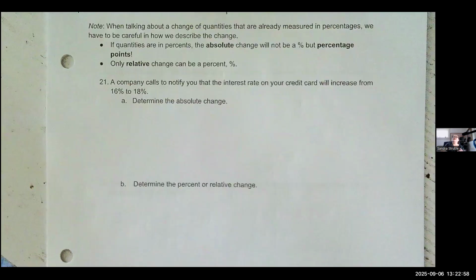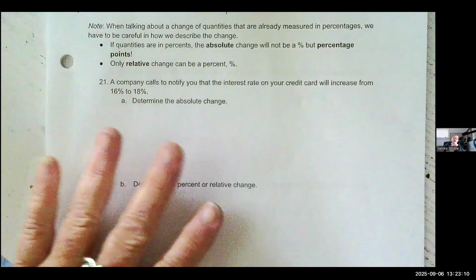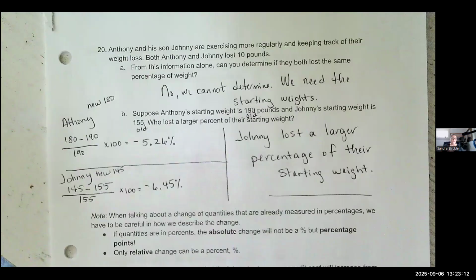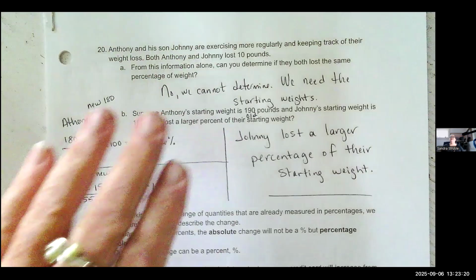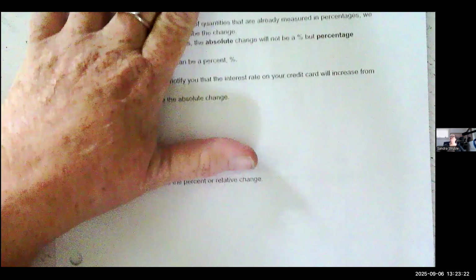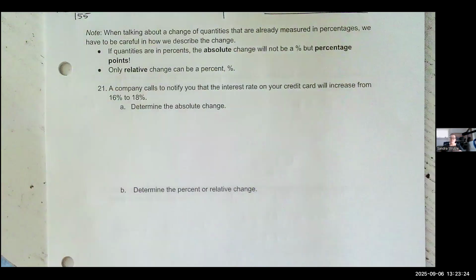When talking about change of quantities that are already measured in percentages, we have to be careful in how we describe the change. Up until now, absolute change has always been what's provided as the units, so it's either pounds or dollars or things like that, and relative change has been percent.